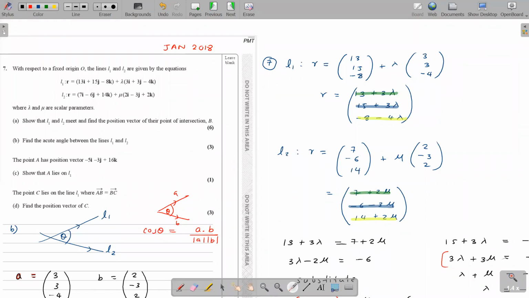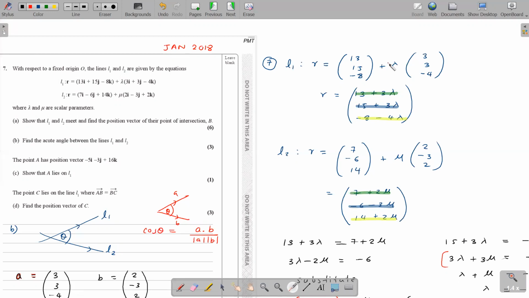Okay, so then the next one: point A has position vector minus 5i minus 3j plus 16k. Show that A lies on line 1. So how do you show that A lies on line 1? Basically, this is the line 1 equation. You have to show that there is a lambda value. When you input a value for lambda and add it up, you get coordinates that lie on line 1.